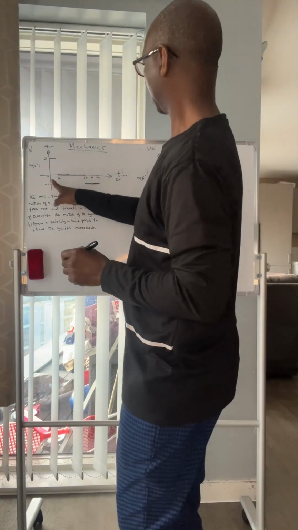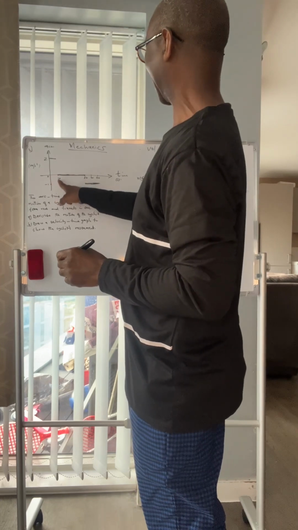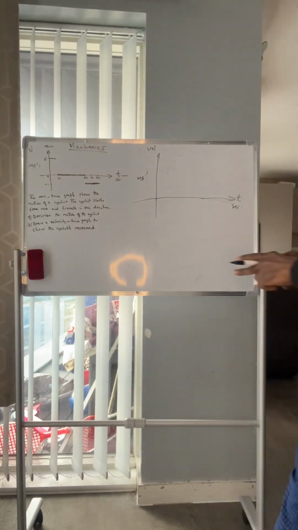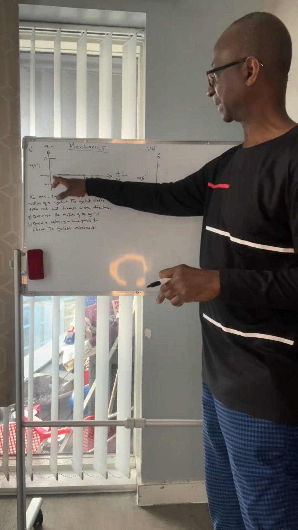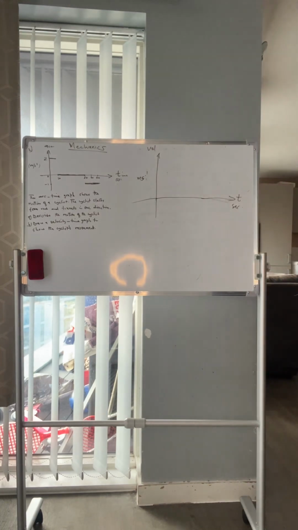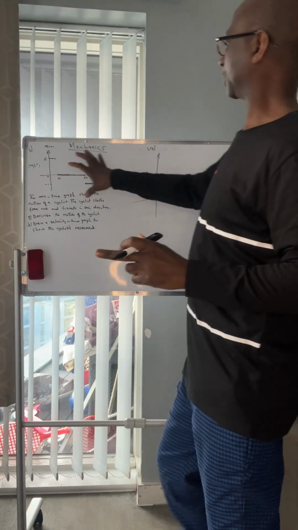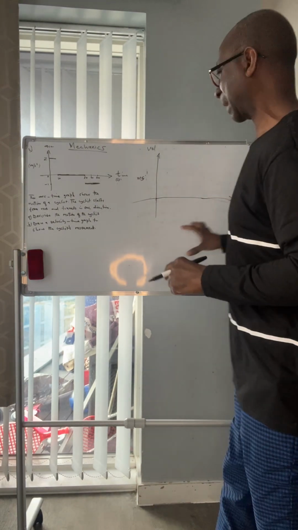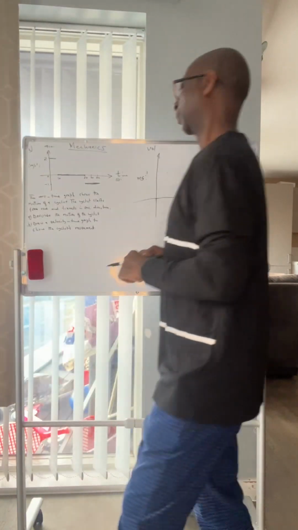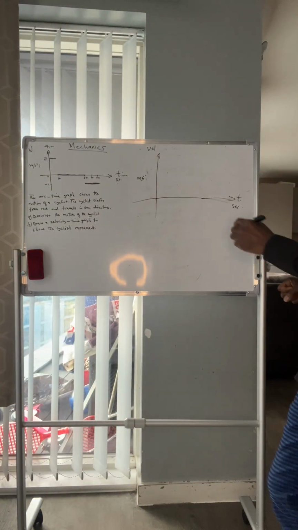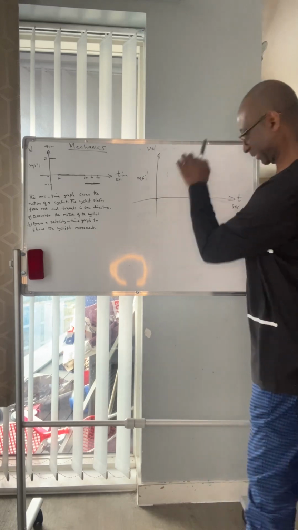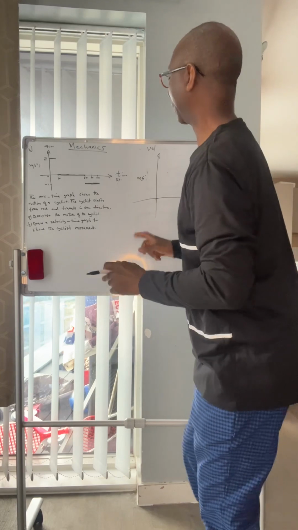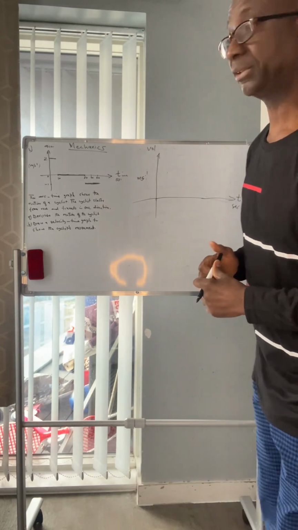Here we are told from 0 to 10, the cyclist accelerated at 2 meters per second squared in 10 seconds. If you want to interpret this information from a velocity time graph point of view, what that is telling us is the gradient of the line, because here we are dealing with constant acceleration.